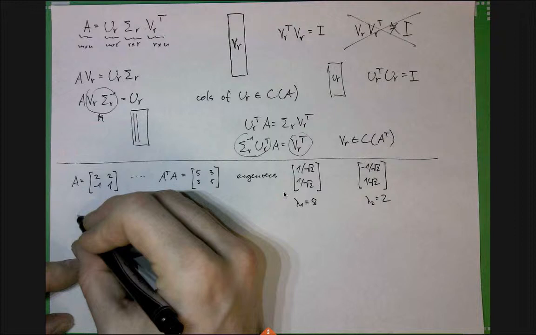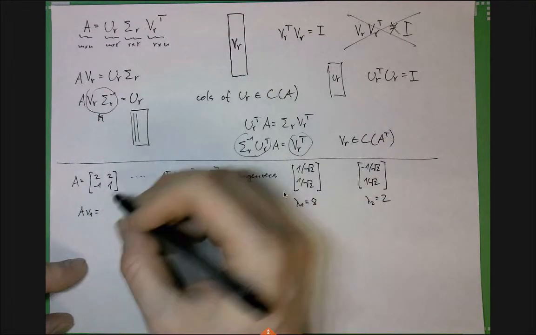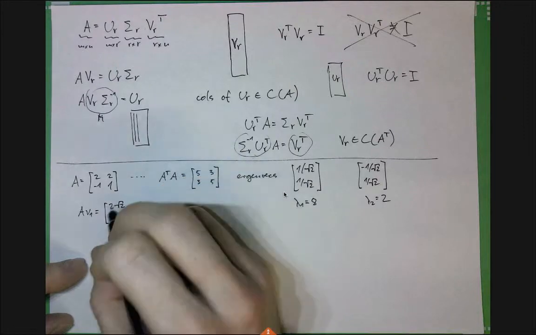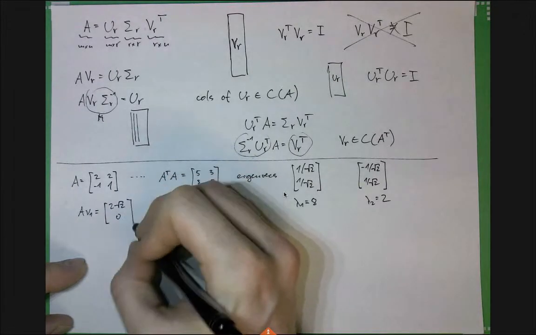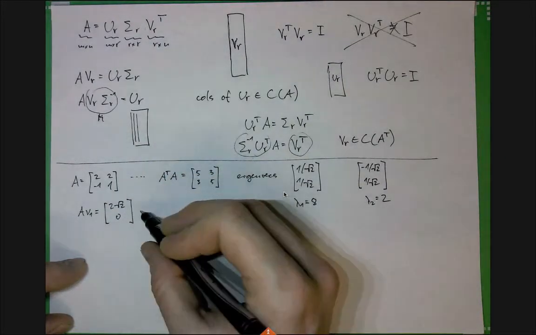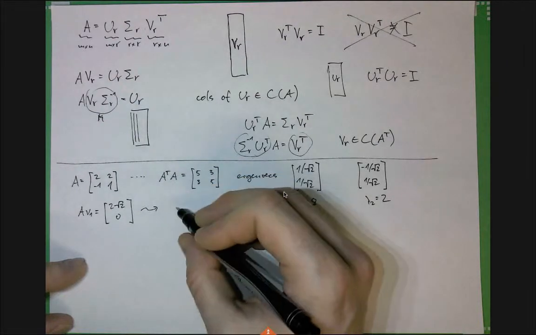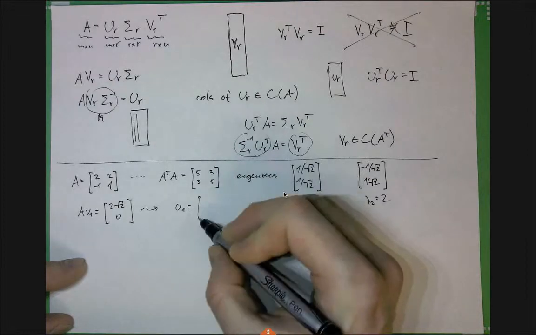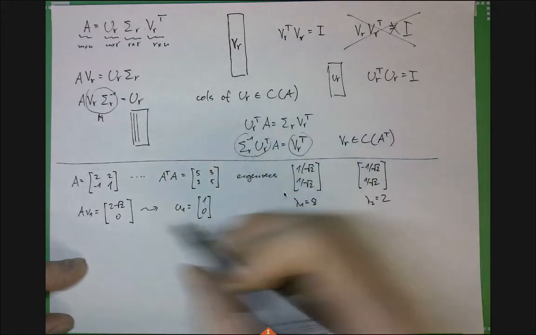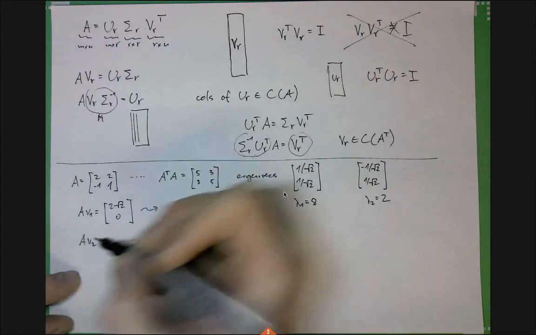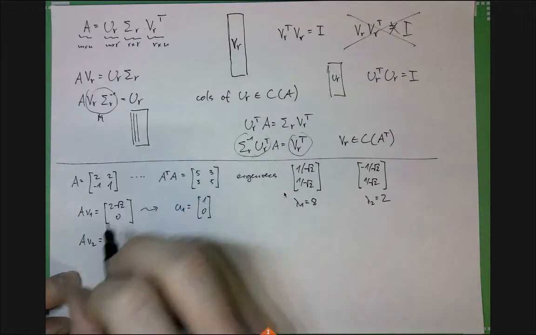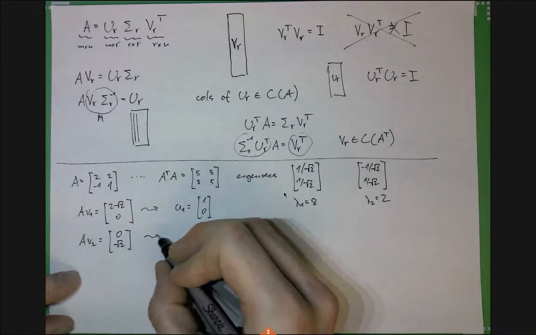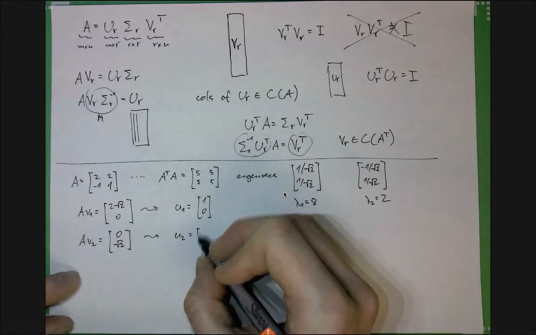And what I need to look at is AV1. AV1, if you do the math, is 2 times square root of 2. After normalization, U1 is a normalized version of this, which is nothing but 1, 0. And AV2, after you compute it, is 0, square root of 2. So normalizing, I get 0, 1.